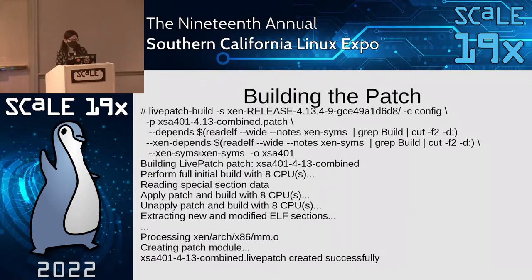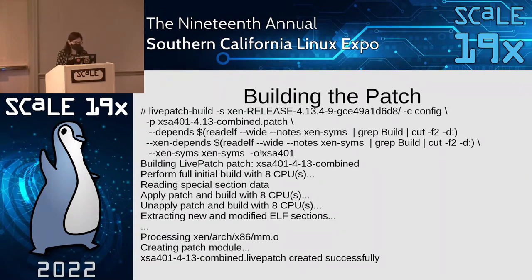Then I give a path to Xen symbols, which is used both as a sanity check to see if the function that I'm patching is actually in the original version of Xen that was built, and also the size of the function is pulled from Xen symbols.